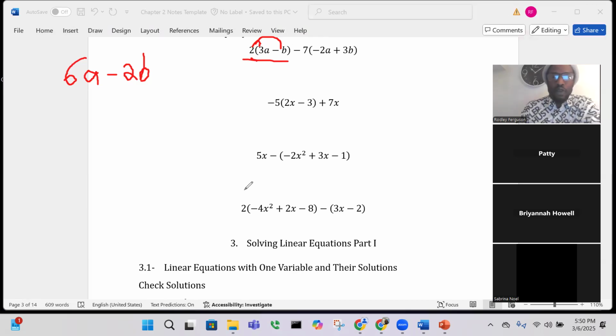So don't take away 2 from 7, because these are not the same. Your job is to distribute first. Negative 7 times negative 2 is positive 14, and the term follows. So positive 14A.